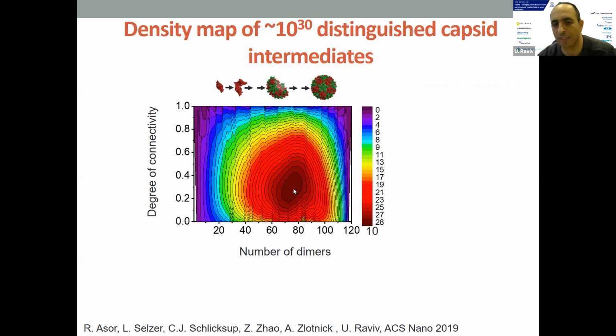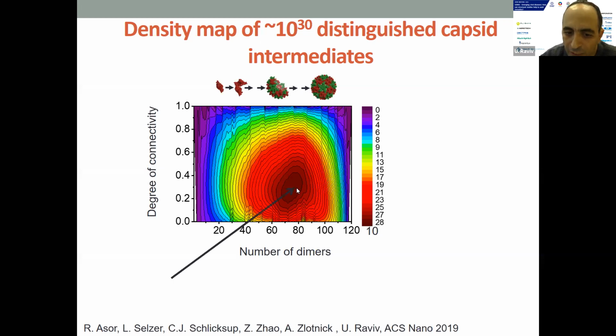This is highly populated. There are many, many options. And the heat map shows you the density of states for all of these intermediates. So this is a situation where, for entropic reasons, most of the entropy is located here, but these states, the open states, are less stable.